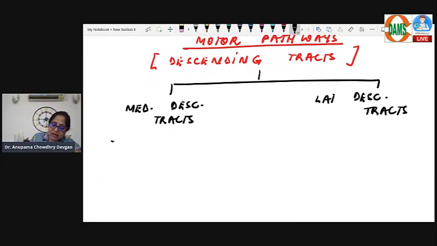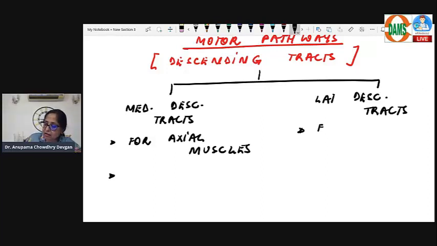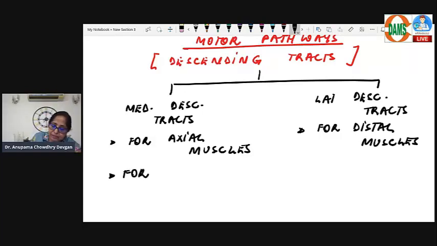Medial descending tracts are for the axial muscles. And the lateral descending tracts are for the distal muscles. Medial descending tracts are meant for tone and posture, whereas the lateral descending tracts control the distal muscles, which are responsible for fine, skilled movement.